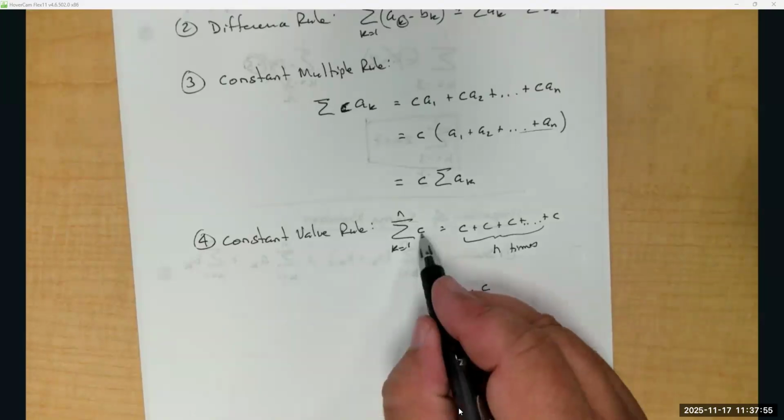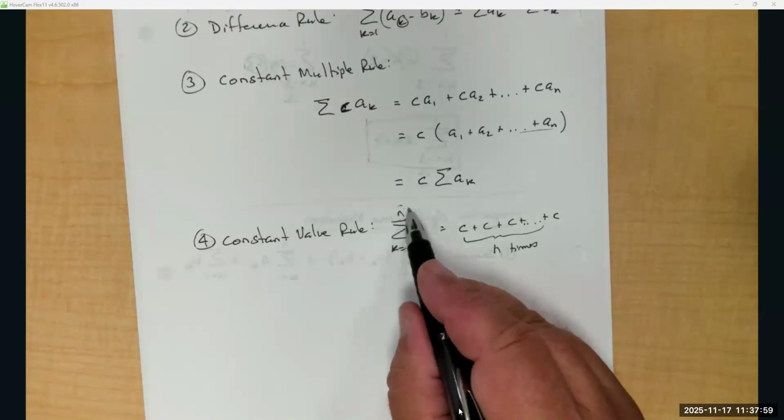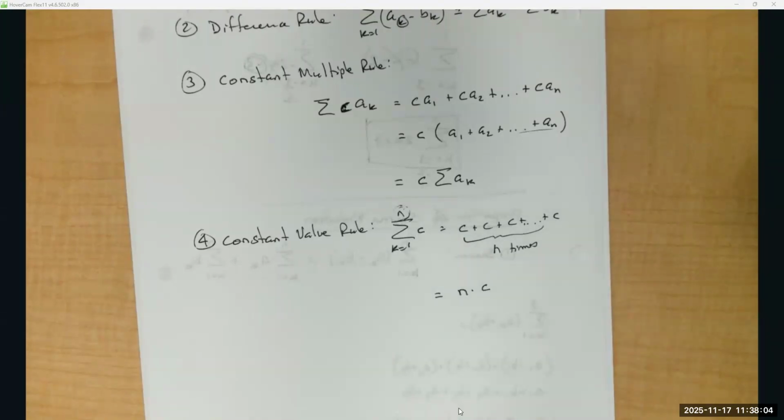So if you have a constant term in the summation symbol, take the n value and multiply it by that constant term, because that constant value is repeated n number of times.